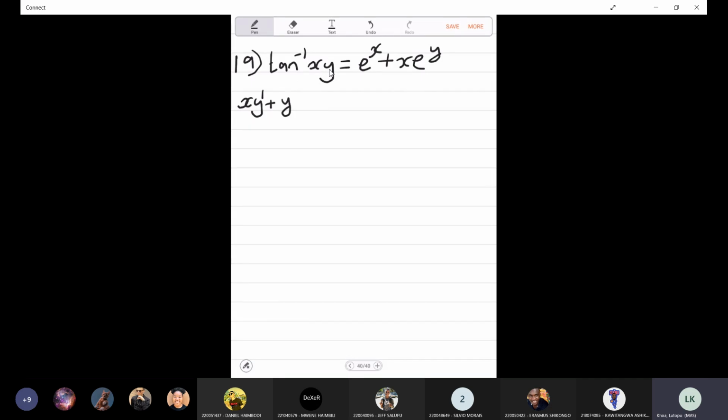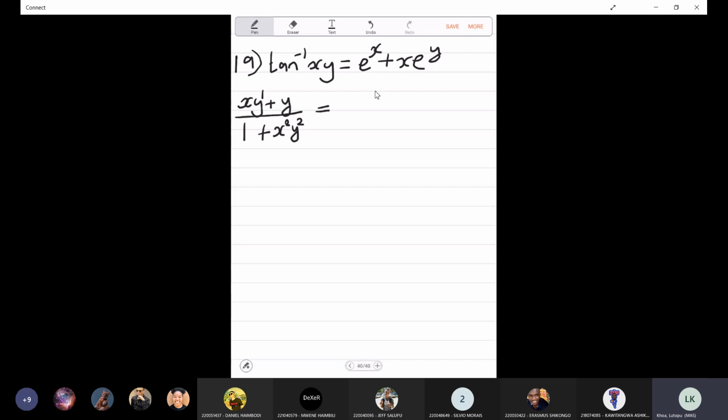The first one is the derivative of y is y prime, then the derivative of x times y, that's what you get. So that's our numerator. And then in the denominator, you have 1 plus the function squared. So that's x squared y squared. That is the derivative of tan inverse.